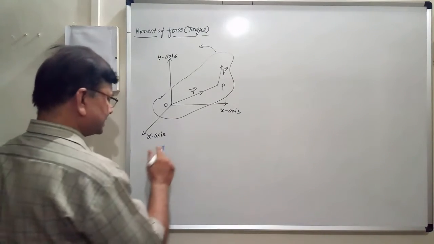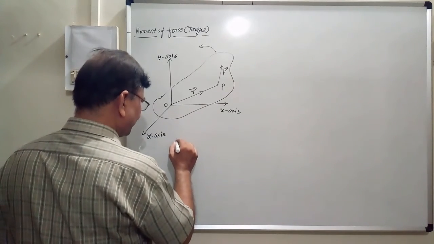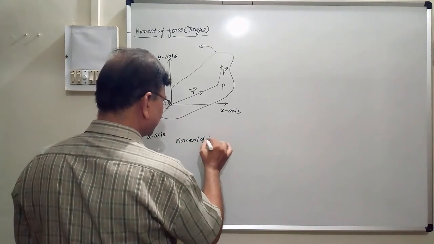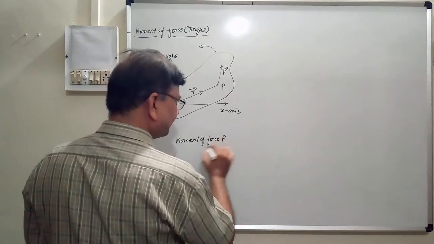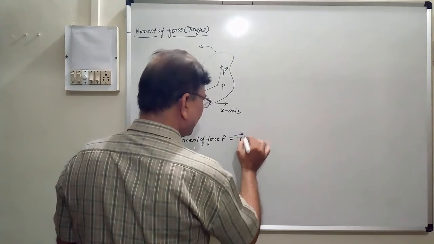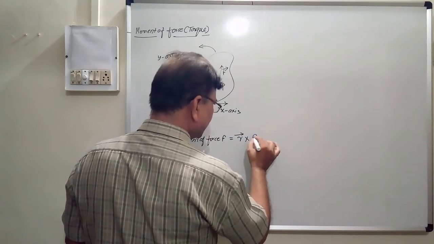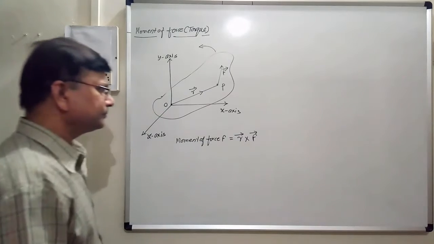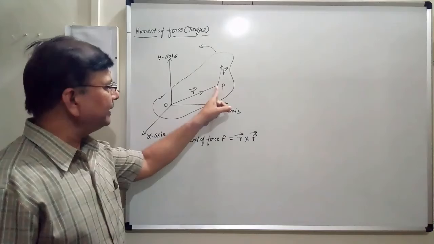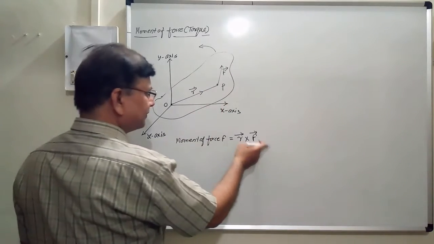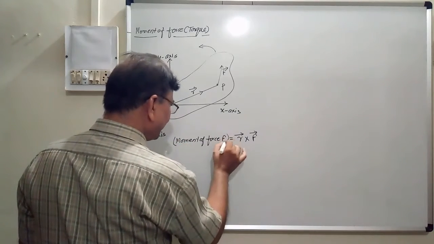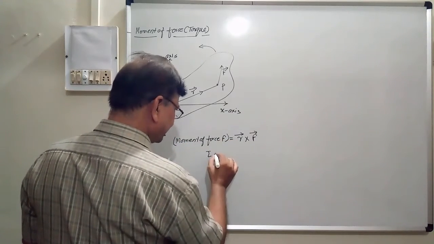Torque is defined as, or moment of force, moment of force F is equal to r cross F vector. r is the position vector of this point P where the force F is applied, and of course F is the force applied, and the moment of the force is denoted by a Greek letter, that is tau.